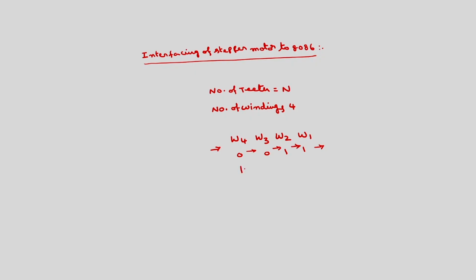So this becomes 1 0 0 1. Till you get the same first sequence, we have to do this rotation. The next rotation is 1 1 0 0, next 0 1 1 0, and the next is 0 0 1 1, which is the same as the initial sequence.